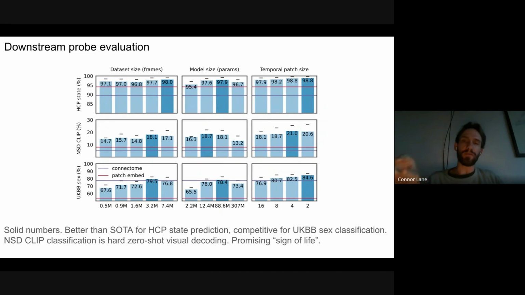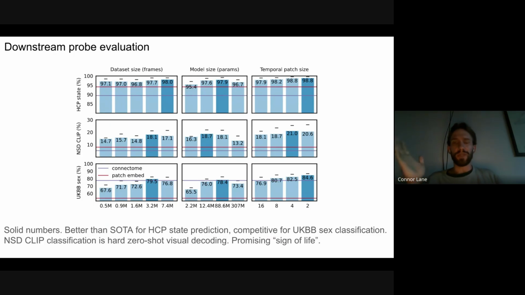In the middle row, you have a visual decoding type benchmark, similar to the image reconstruction benchmarks that we've done in MindEye and that have been done in the literature quite often, although this one is a simpler classification benchmark. And on the bottom row, you have a standard benchmark evaluation, which is the sex classification for UK Biobank.